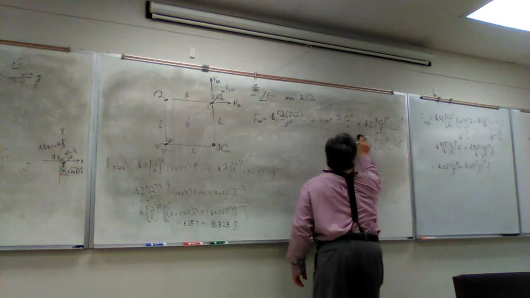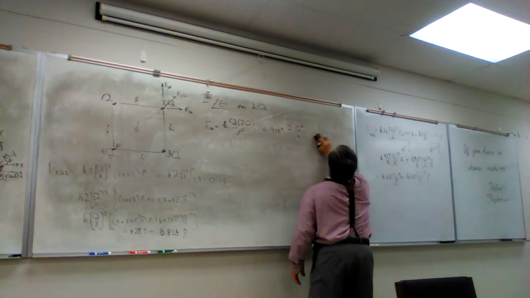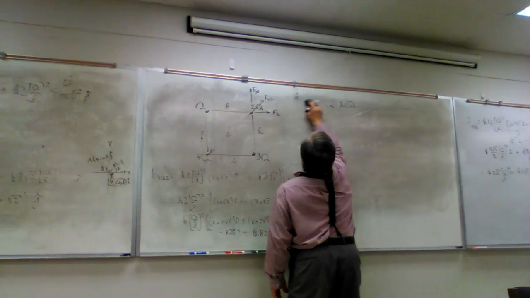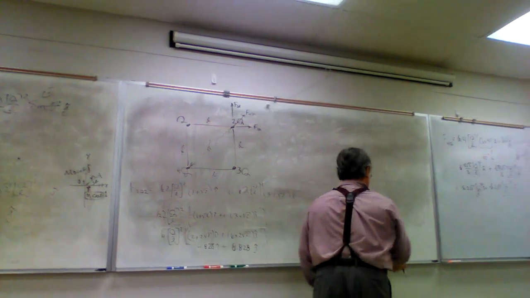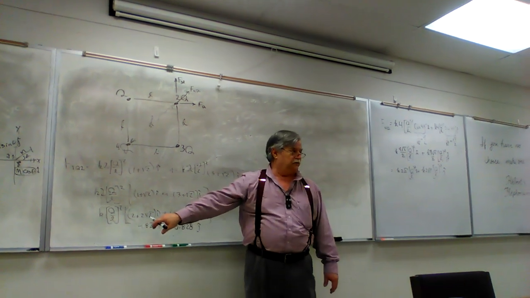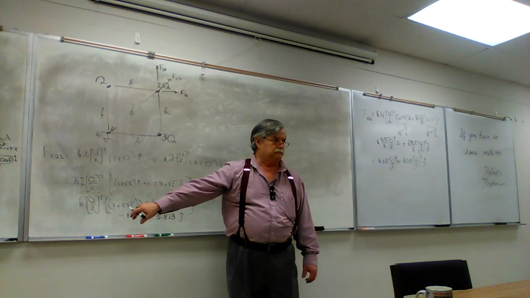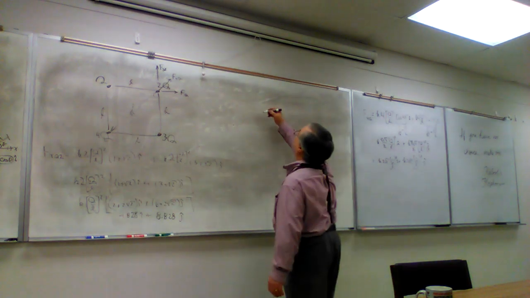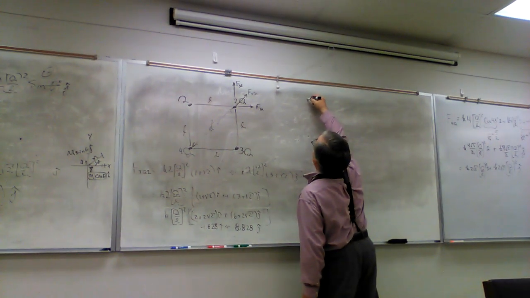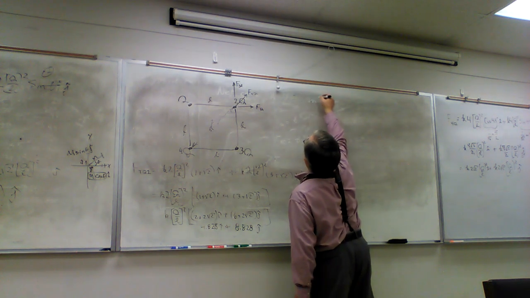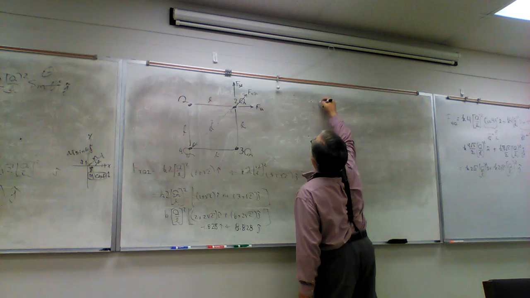Clear out some space. I ain't erasing nothing that I can't reproduce quickly. What's the magnitude of this vector? When you have K times those numbers down there, the I and J. Or no, the I and J is your direction.